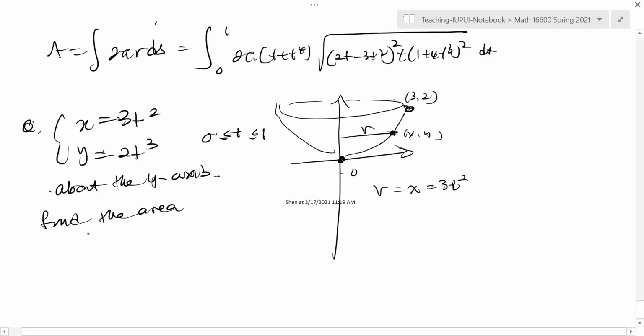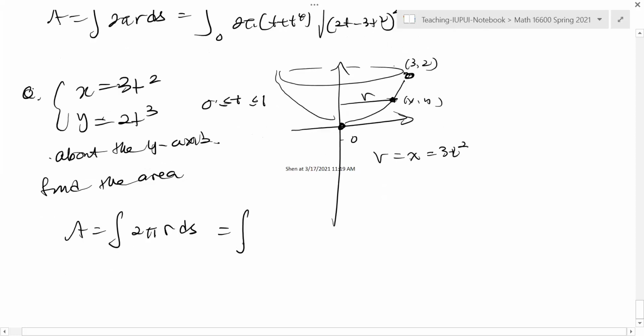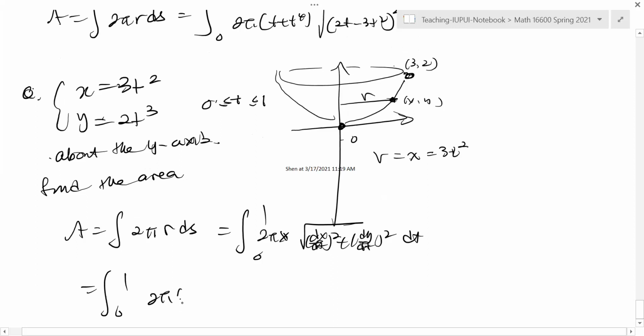So the area is going to be 2 pi r ds. r is x, ds is the square root of (dx/dt) squared plus (dy/dt) squared. Right. Then you can choose t from 0 to 1. For details here, x is going to be 3t squared. Right, that's x. That's the radius x, right?